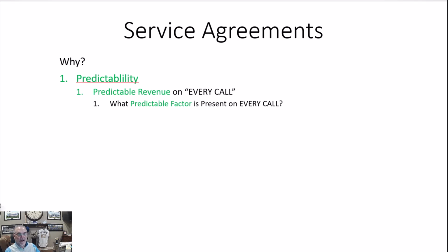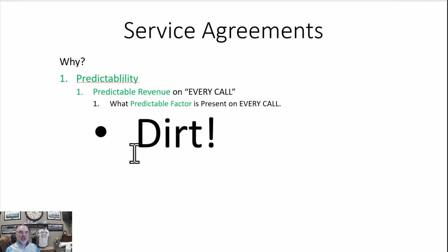I donated as many as I could so I could pick up those customer bases, because I'm going to clean them anyway, right? So I gave away the $99 price of the agreement, but I got the cleaning. It was a marketing play. So the predictable factor on every call is dirt.